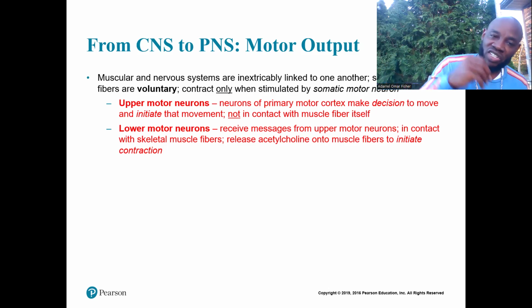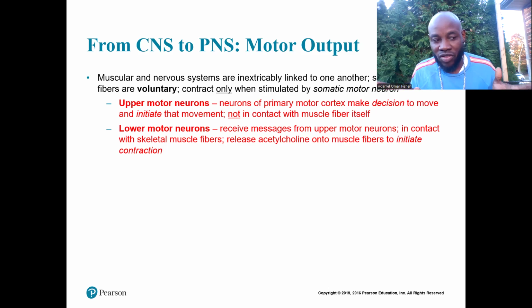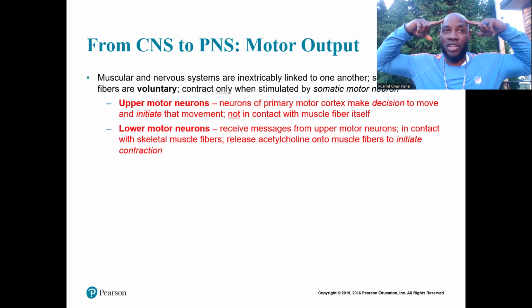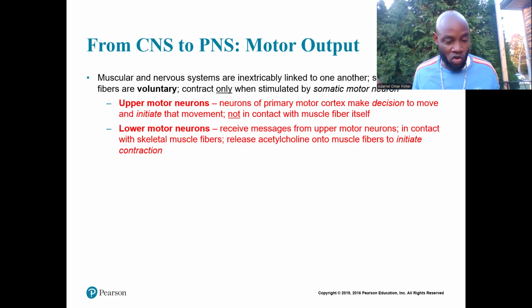But then they send a signal to our lower motor neurons, which actually are in contact with these skeletal muscle fibers, release acetylcholine, and initiate the contraction. So you consciously think of the movement that you're going to make here in your upper motor neurons, and then that is sent to your lower motor neurons, the nerves in your arms, legs, and different parts of your body, and that's how you actually make the movement.